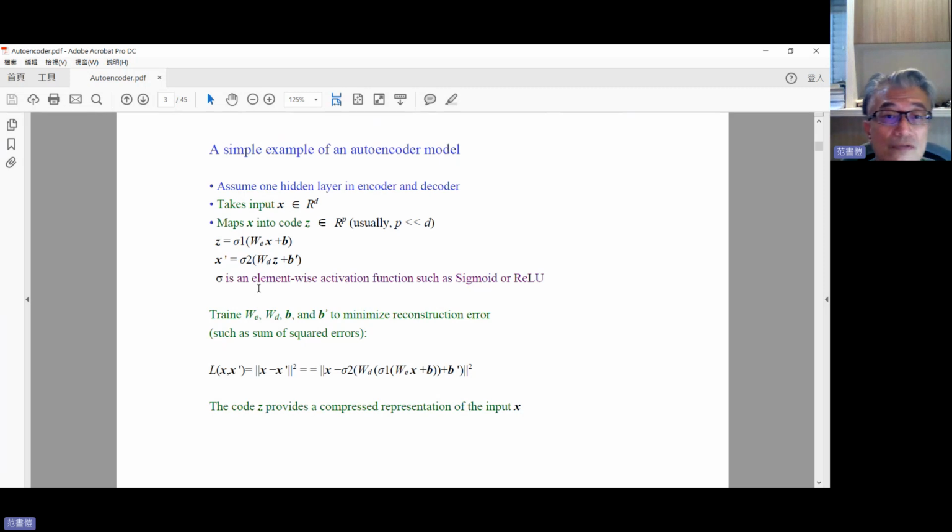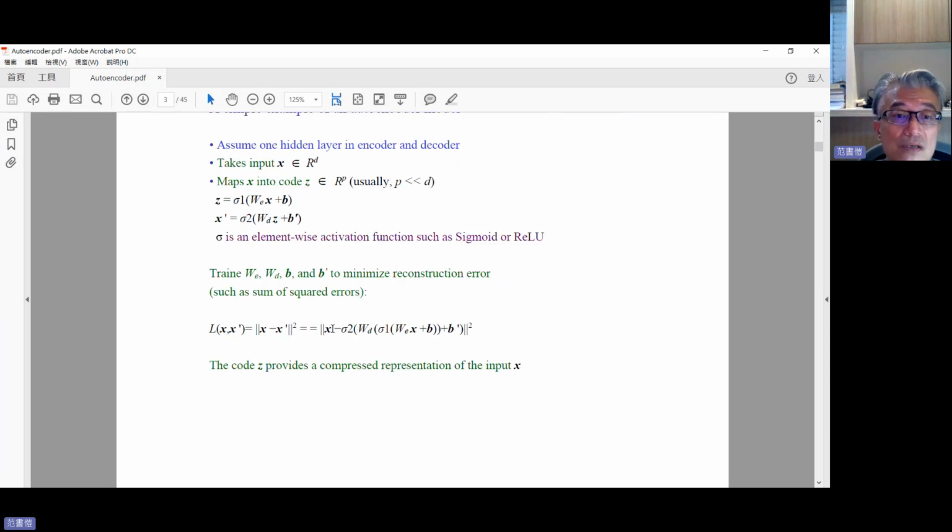The encoder will have bias parameter b, and the decoder will have bias parameter b prime, to minimize the entire reconstruction error. So it's the sum of squared error of reconstruction, which can be represented as L of x and x prime, equal to the Euclidean distance.